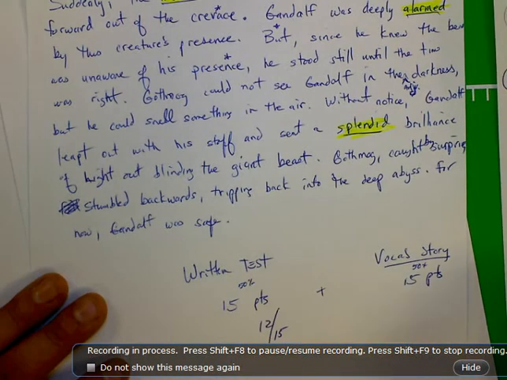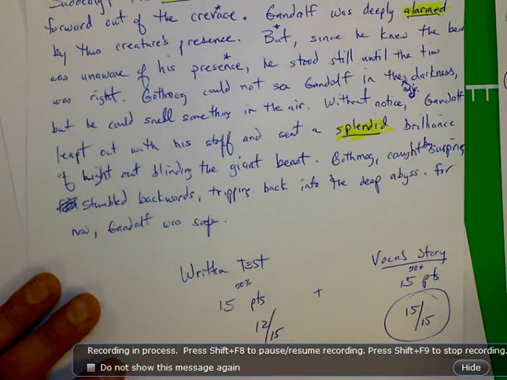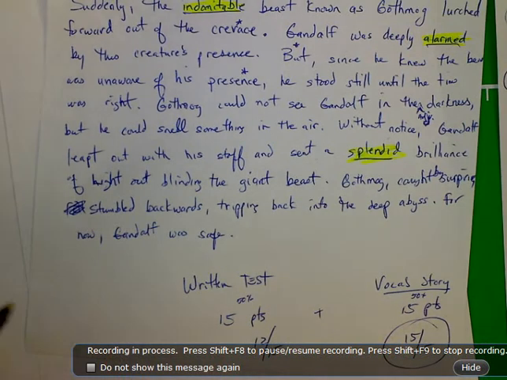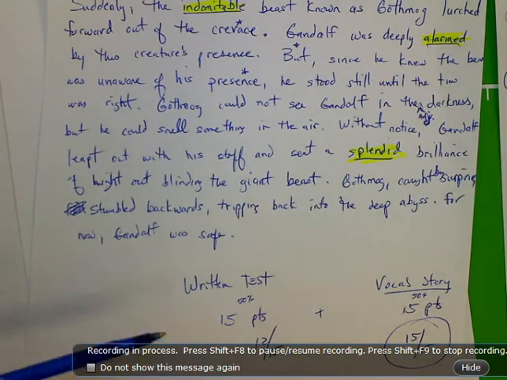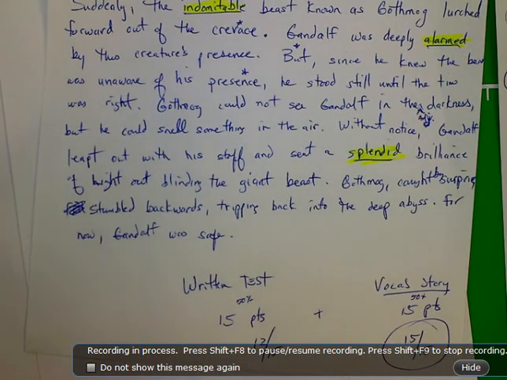Okay? And this story, you're looking at a 15 out of 15. Now what do you have? Instead of a 12 out of 15, you have a 27 out of 30, which I think went up from a B minus to an A minus. So again, this helps your grade as well if you put in the time and the effort to do it. You're more than likely to do better on the written test, and this boosts your grade overall.